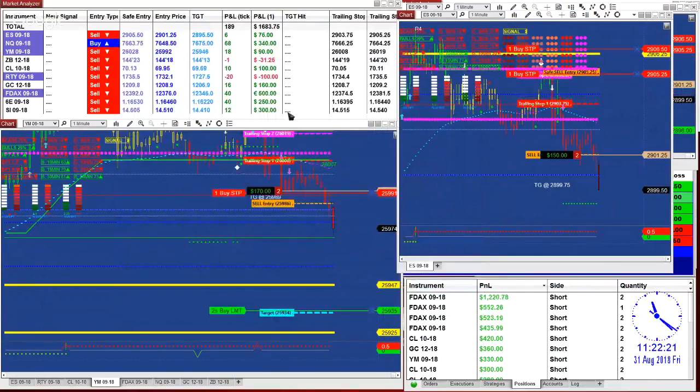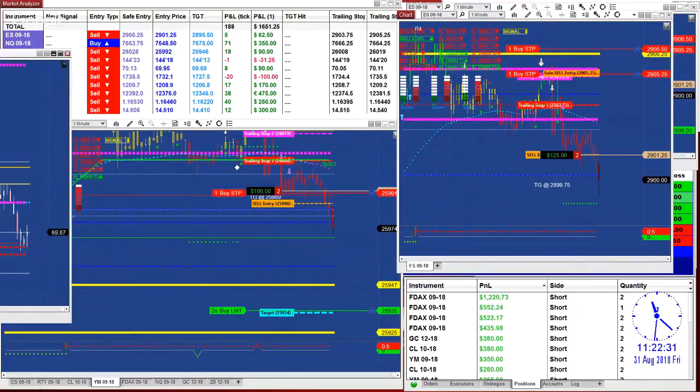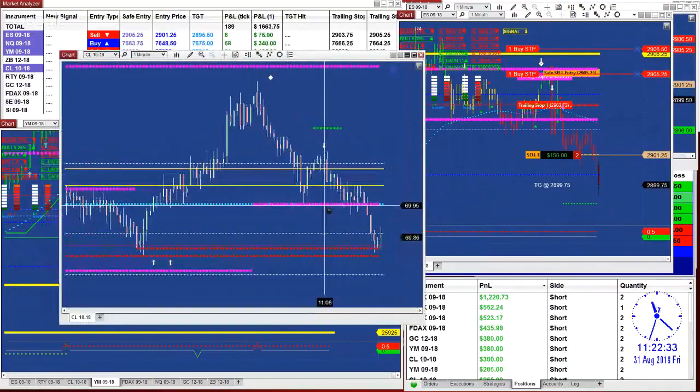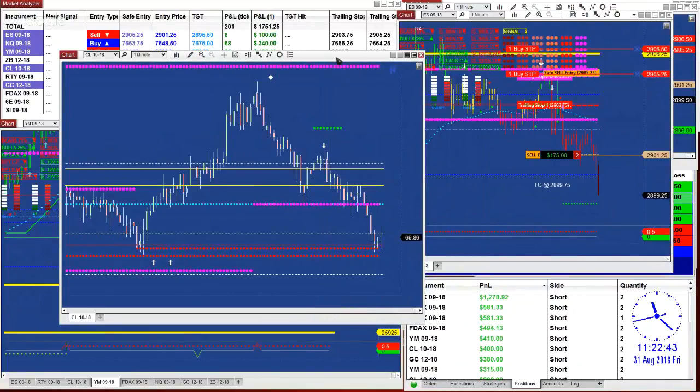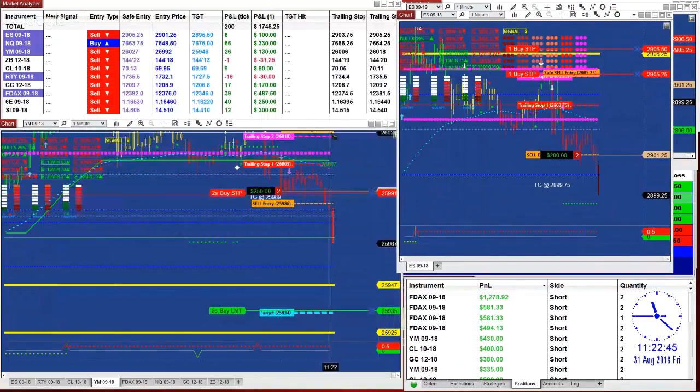If you want to follow the system, let me see where's the re-entry on the CL. The re-entry on the CL is 70.13. Where the hell is 70.13? Okay, so there we go.